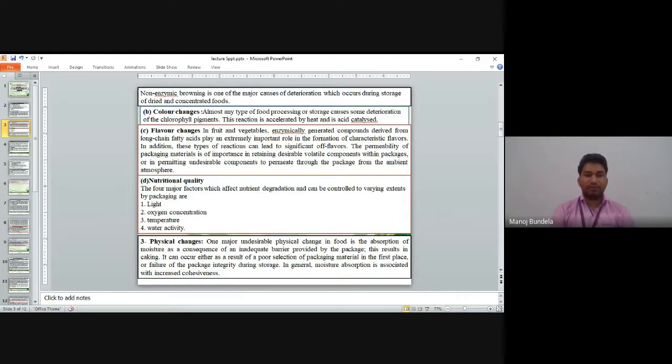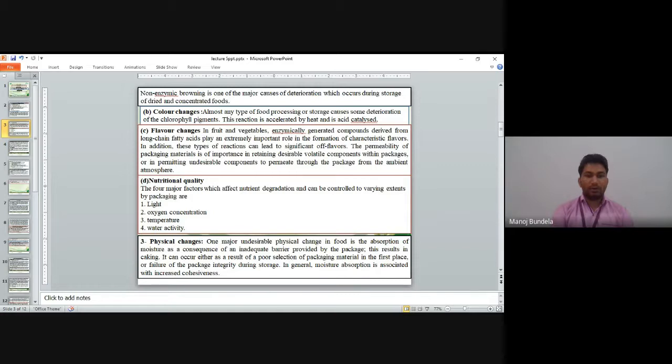Next, third one is physical changes. One major undesirable physical change in food is absorption of moisture as a consequence of an inadequate barrier provided by the package. This results in caking.